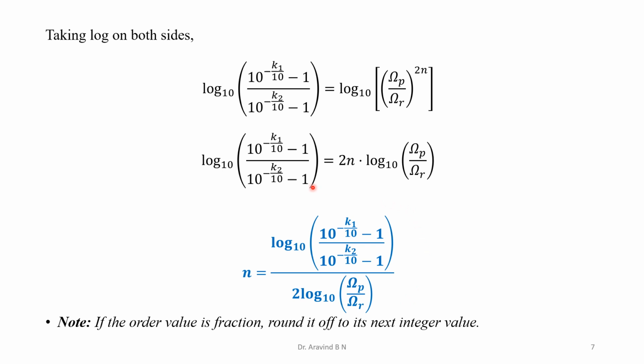So this is the expression for the order of the filter. Always remember, while making the calculation, if the order is obtained as a fractional value, always round it off to the next integer value only.